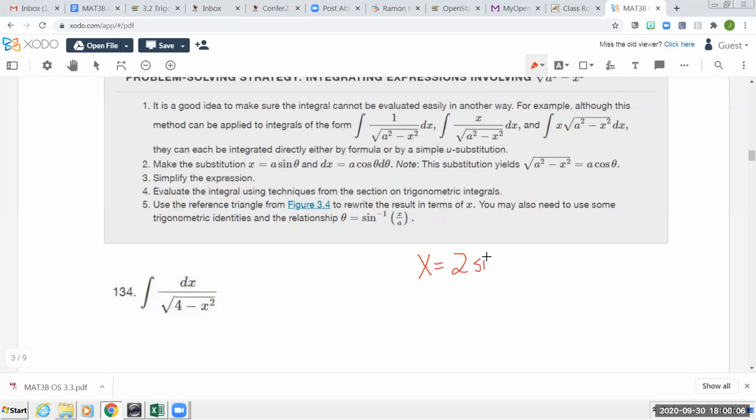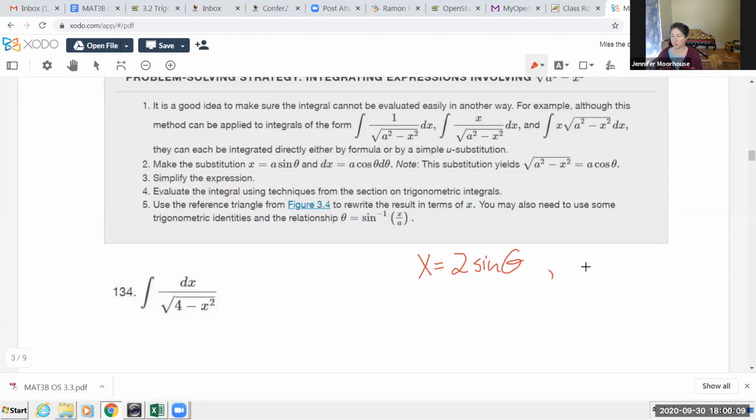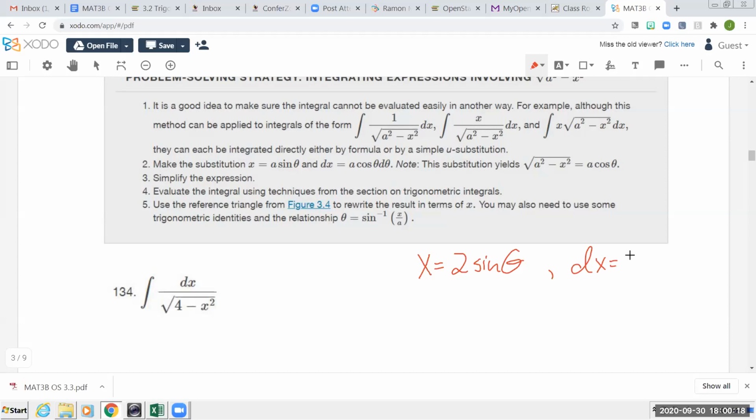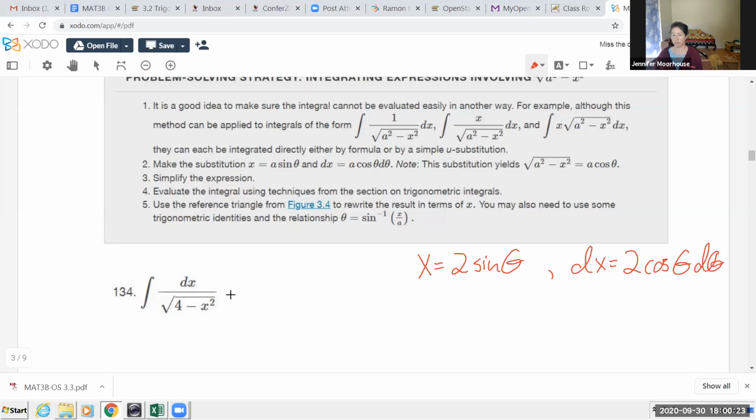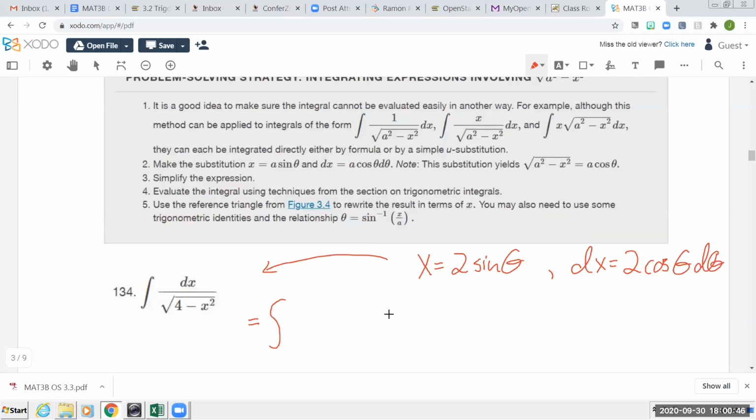Yep. So x is 2 sine theta, and then dx is 2 cosine theta. Okay, and then what did you end up with once you made those substitutions in the integral? What did you get? I didn't get that far yet.